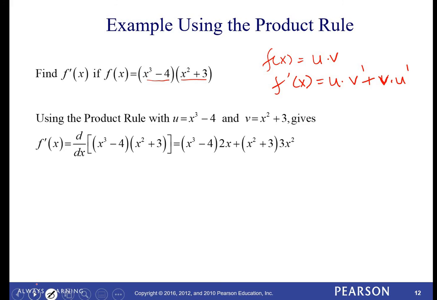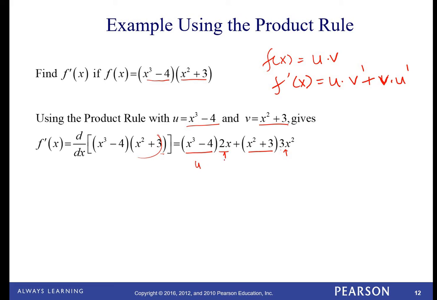So let's take a look. Using the product rule, if u is x cubed minus 4 and v is x cubed plus 3, we're going to take the derivative of the product by keeping the original function, the derivative of the second function, plus the second function times the derivative of the first.